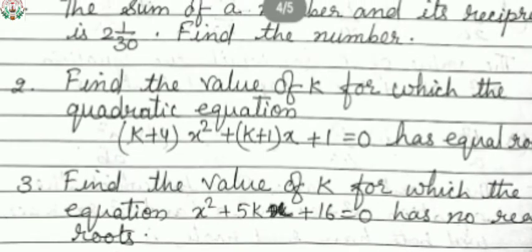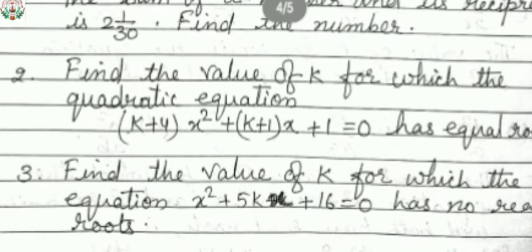Now, equal roots means discriminant D equals to 0. That formula we know, that is b square minus 4ac equals to 0. Now put the values of a, b and c, then simplify for k and get the value of k. That is the second one.